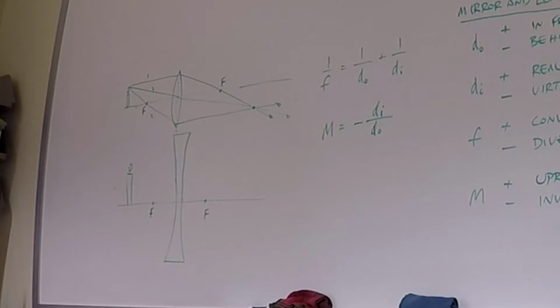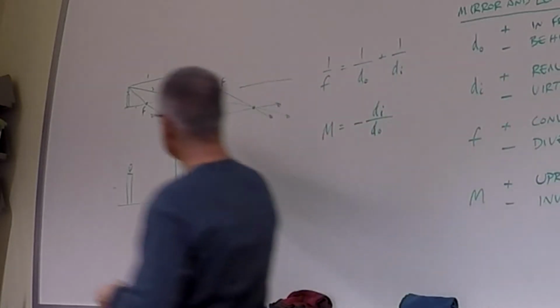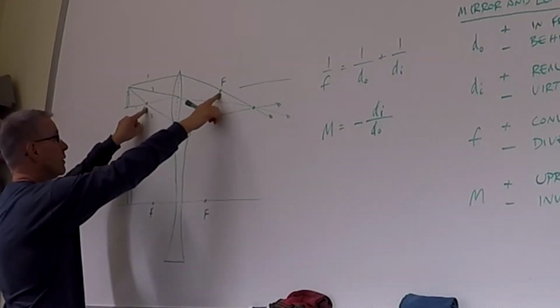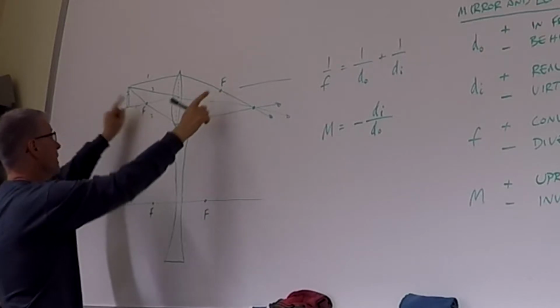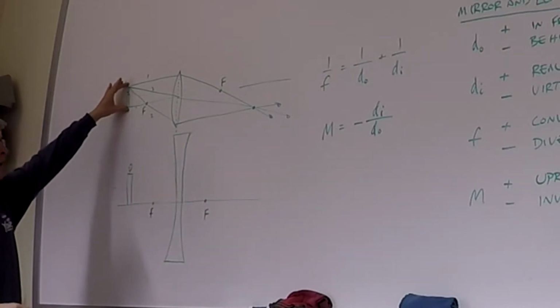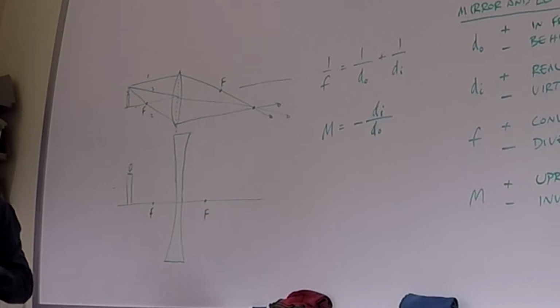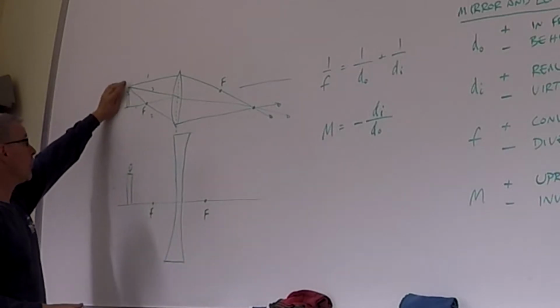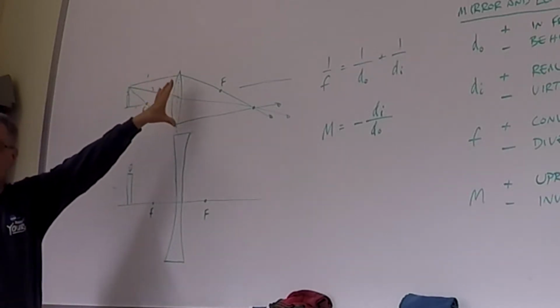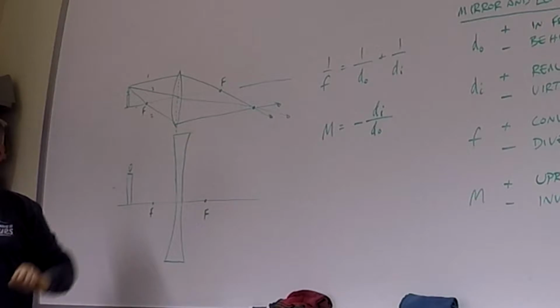As a simple example, if I've got a lens like this, where here's the focal length on each side of the lens, and here's my object, I want to figure out what the image is going to look like. There are three different rays we can choose coming off the tip of this object that we know what they're going to do when they hit this lens. It does help to do them in this order.